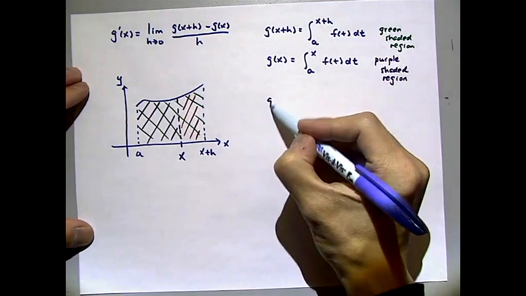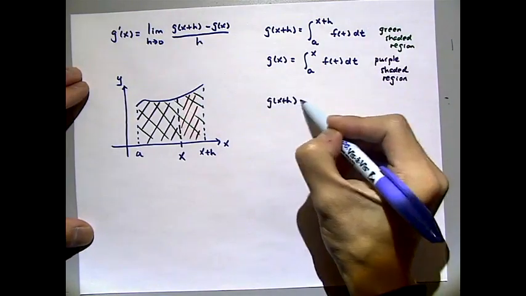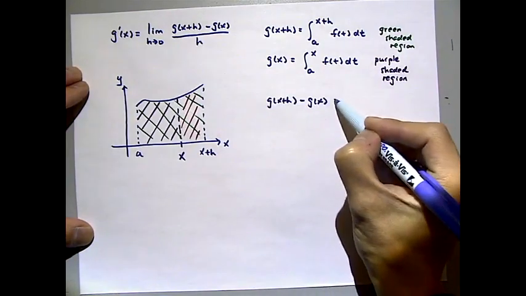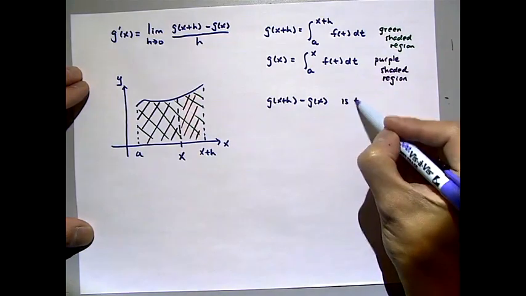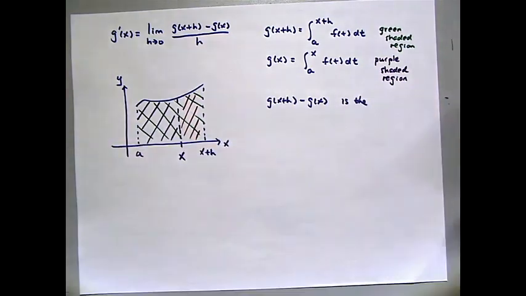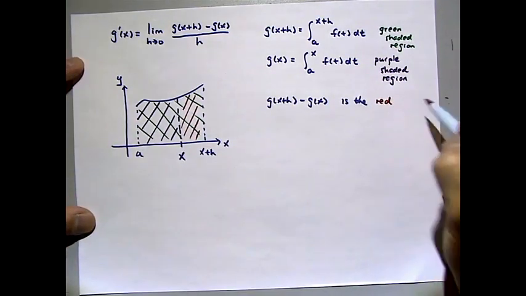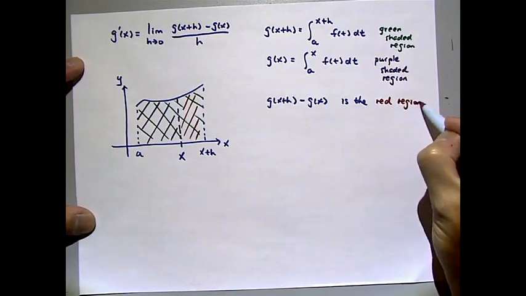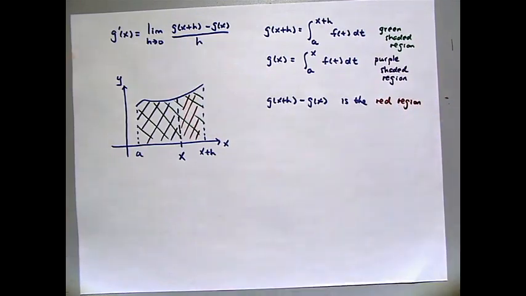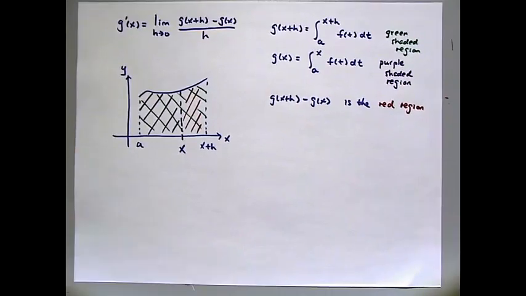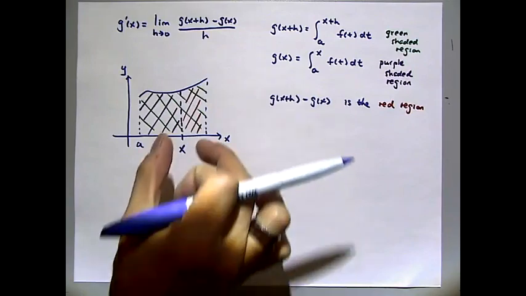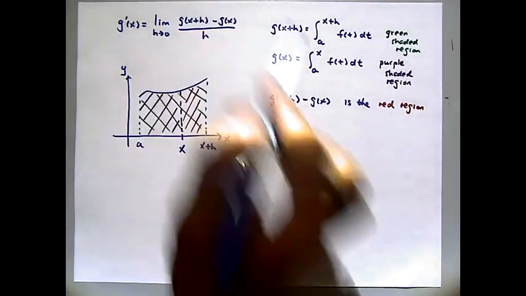So the numerator of that quotient is the red region. Everybody see that? You got a big one, you got a small one. Take the small one away. What's left is the difference, representing the top.